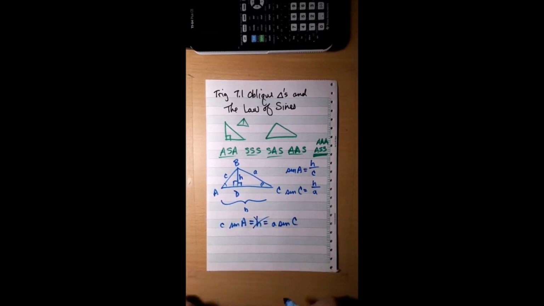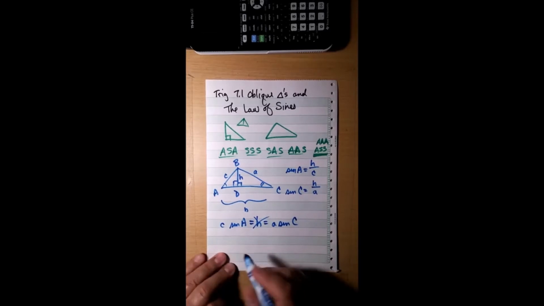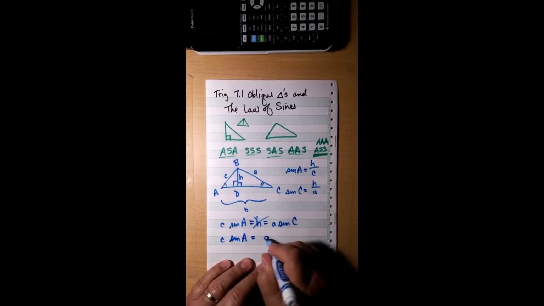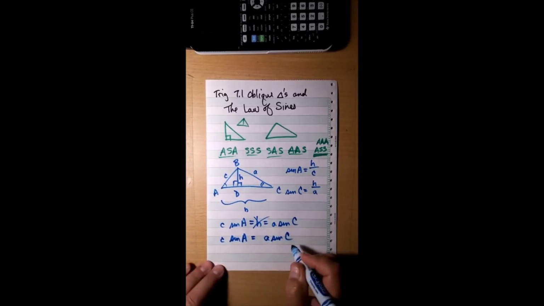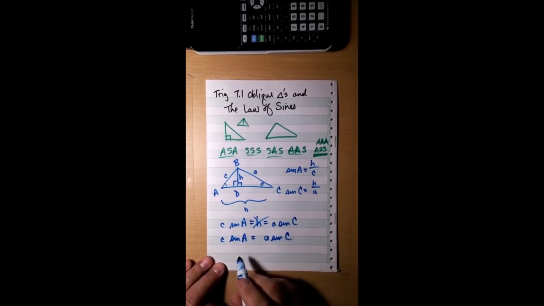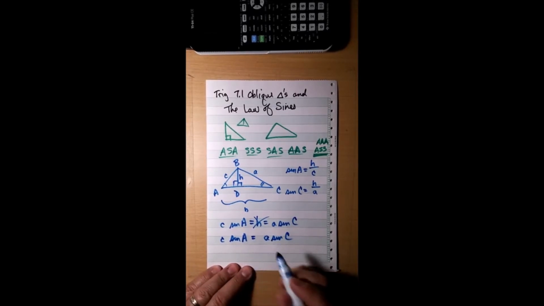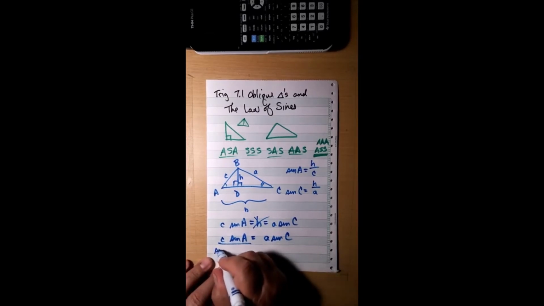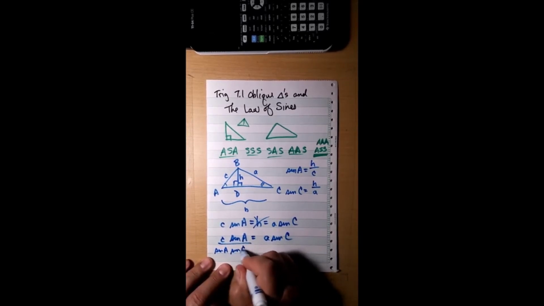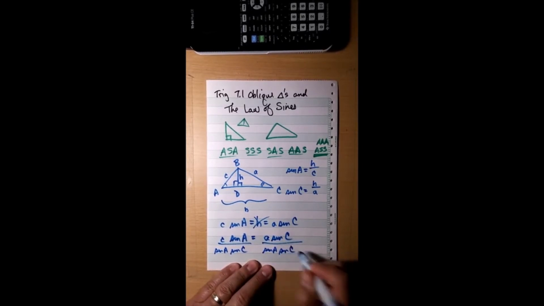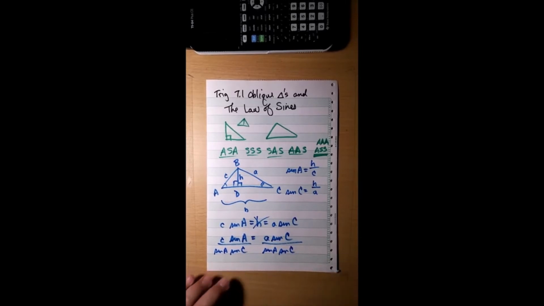So don't worry about that H. Get the H out of there. So now we have c sine A is equal to a sine C. If we divide both sides by the sine of A times the sine of C, the only time we'd have to worry about that is if one of these angles would cause this to be division by 0.